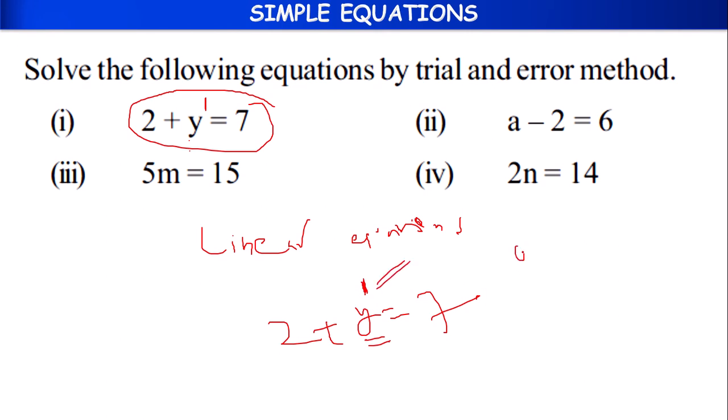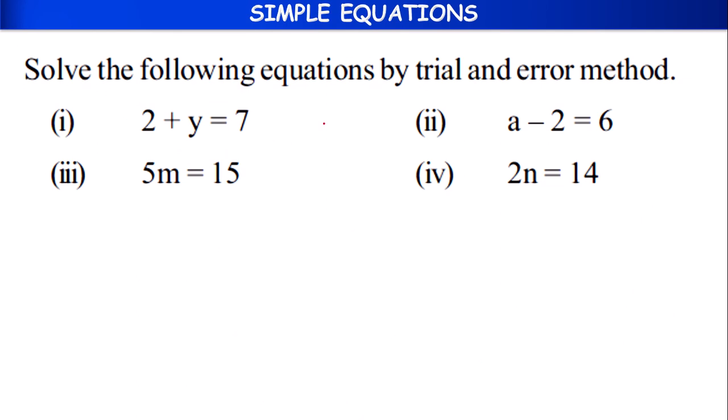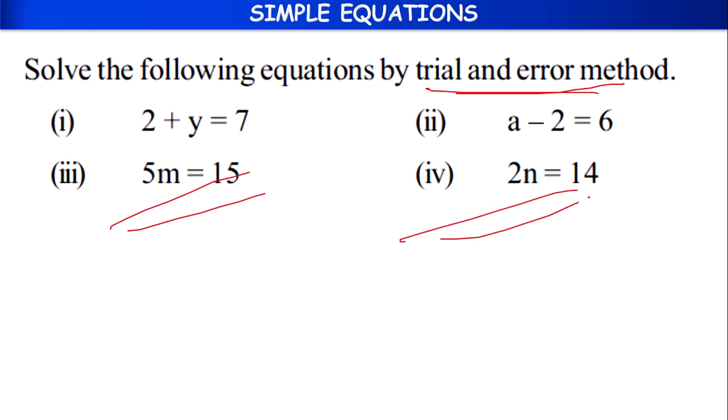So, it is an example of a first degree equation, in which the highest power of the variable is 1, which is also called a linear equation. Now we have learnt about applying the trial and error method for linear equations.